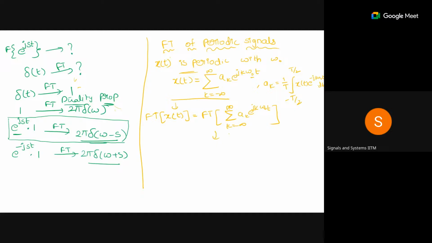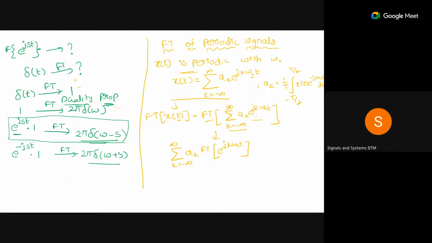Since a k is constant and we are transforming only the time part, it can be written as the sum of a k times the Fourier transform of e power j k omega naught t.